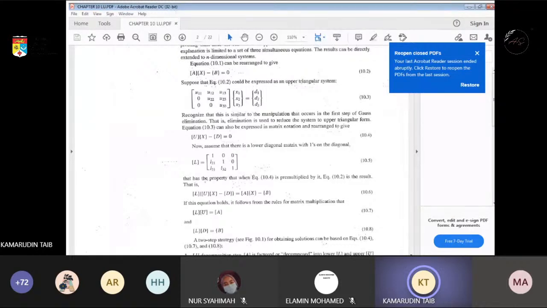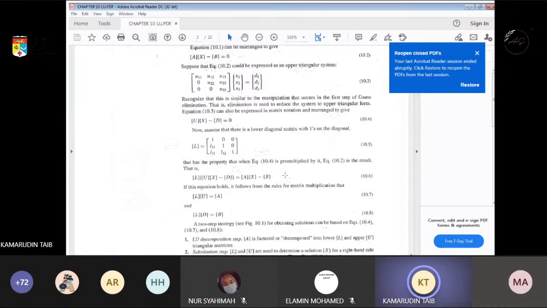So let's assume there exists a lower triangular matrix that behaves in this manner. If this is achievable, then we can follow the rule of matrices that LU will be equivalent to A, and LD, bringing L inside, is equivalent to B.